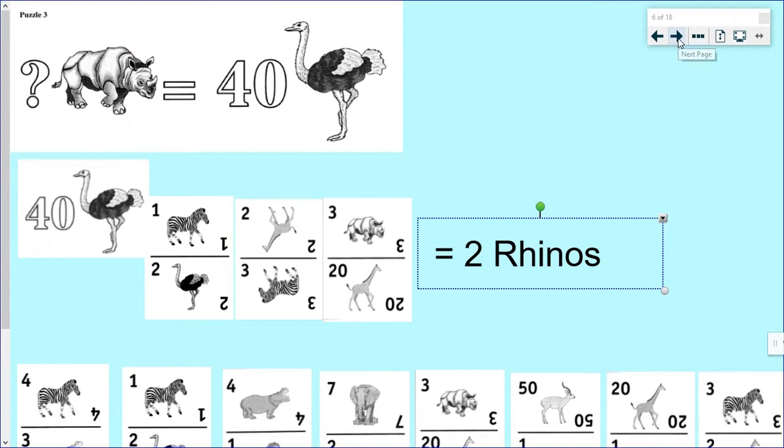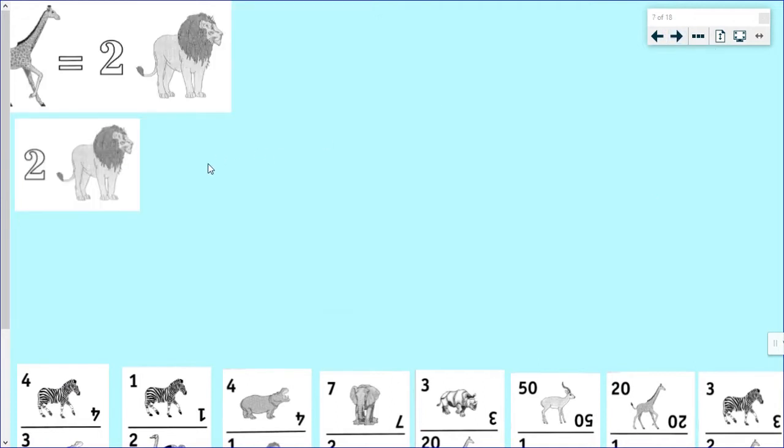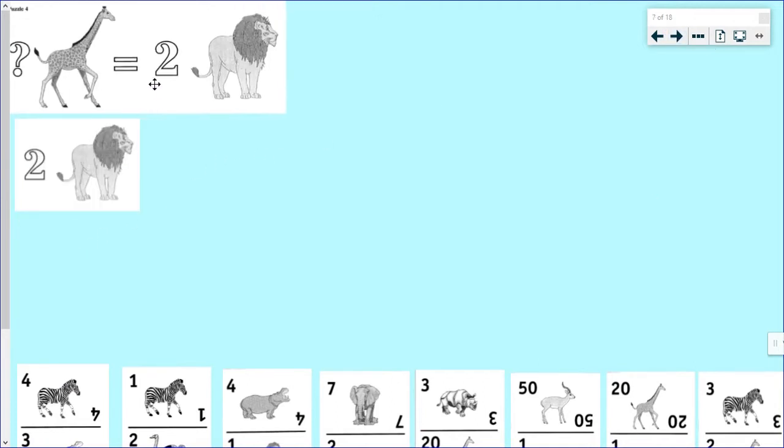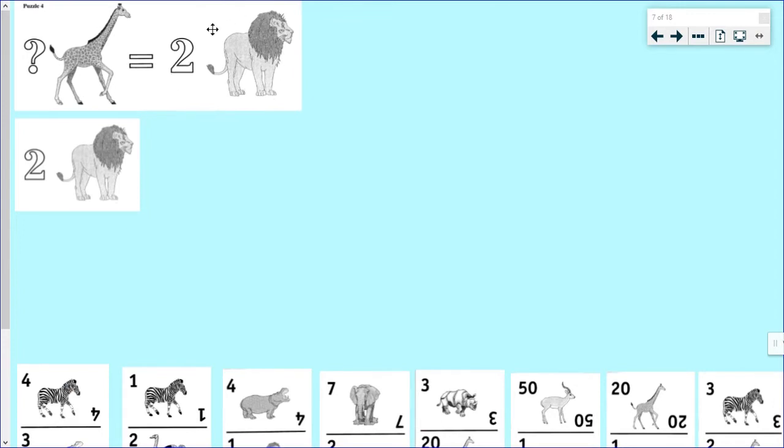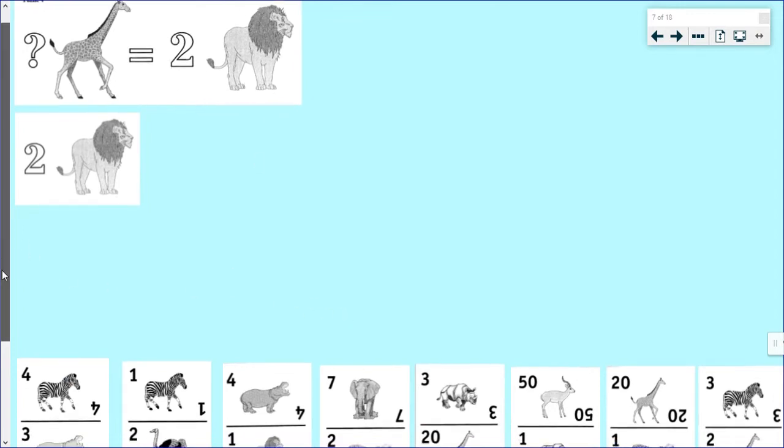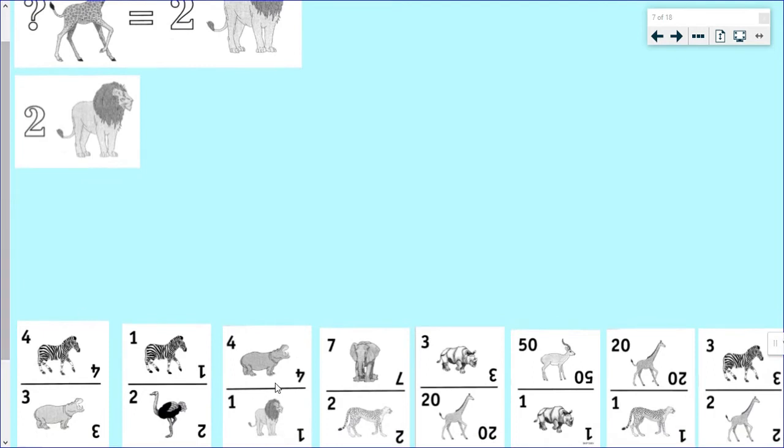All right. The next one then, we're trying to figure out how many giraffes there are if we have 2 lions. So if I have 2 lions and I'm trying to go to giraffes, I've got a card here with a lion on it, and that's the only card I have with a lion. So I'm going to have to bring him up.